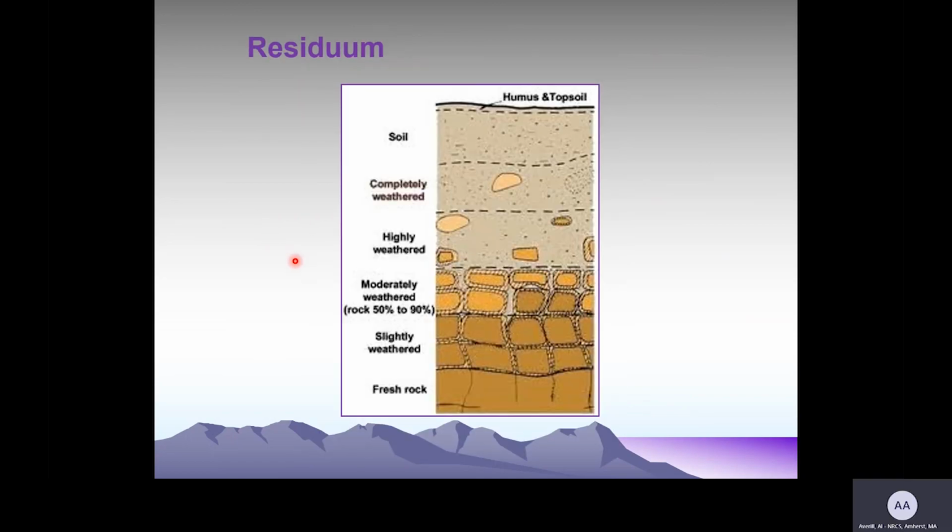Another type of parent material is residual. That is the material that weathered in place from the underlying bedrock.